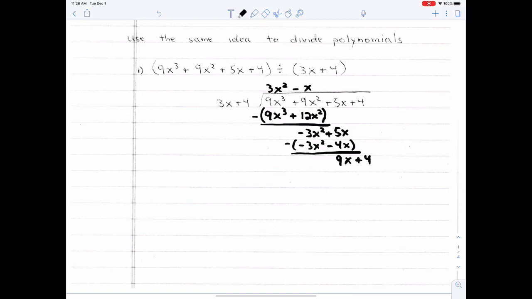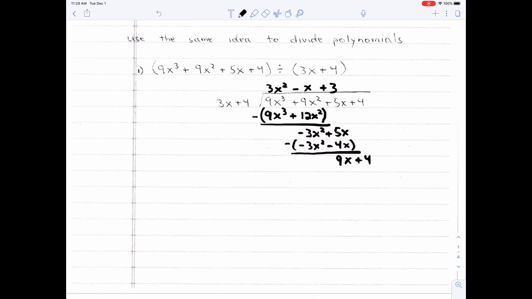And then I do it again. What times 3x will give me 9x plus 3, and then I multiply that by the divisor. So you're always asking, what times the first term of the divisor will give you the first value in each line.